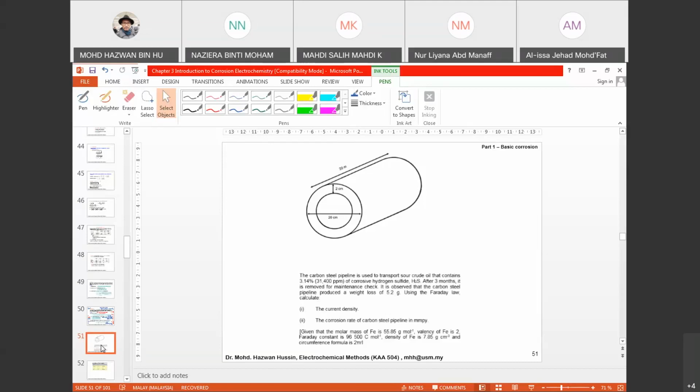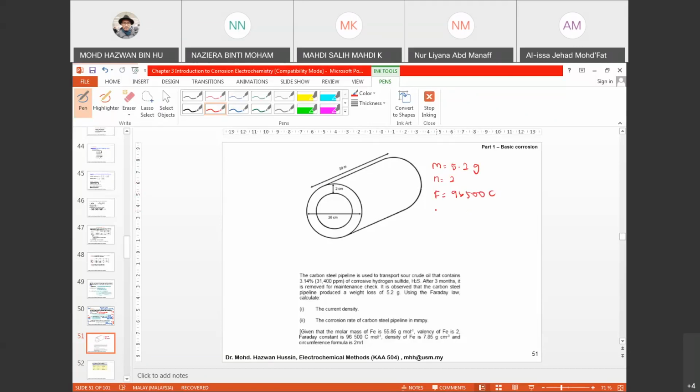Do you guys want to try it? So probably we just jot down the information given in this question. Mass loss, what will be the mass loss? 5.2 grams. Valency equal to 2. Faraday's constant is equal to 96,500.